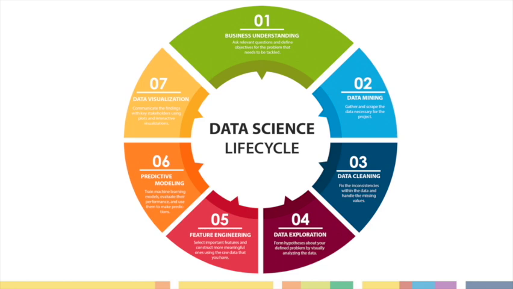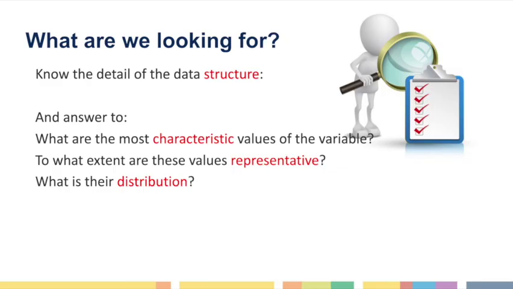What we want to do with this is to have a global analysis of the different variables that we are going to study. So the natural question to ask yourself is, what are we looking for? This exploratory analysis wants to know the detail of the data structure and wants to answer 3 questions.